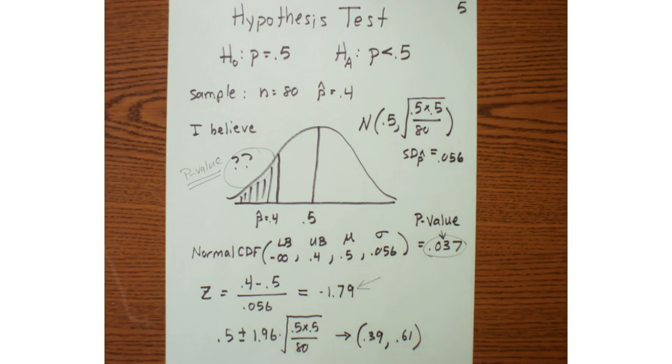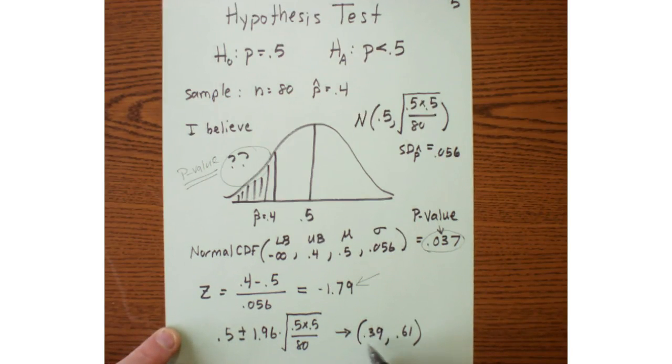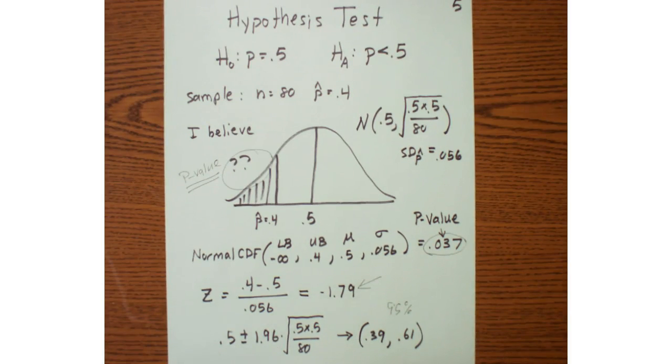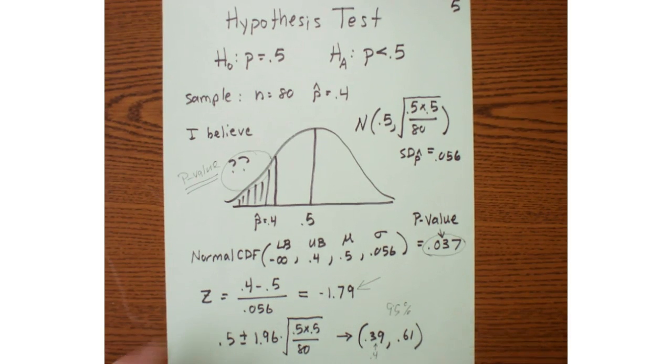And if I use my 0.5 to build a confidence interval, my confidence interval goes from 0.39 to 0.61 using my population proportion. That's like the middle 95% of my model. And notice that 0.4 is right at that extreme end of the interval. So this is one of those things that could go either way, but based on our p-value, I would reject my null hypothesis.